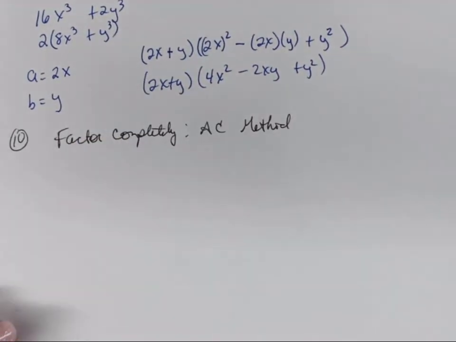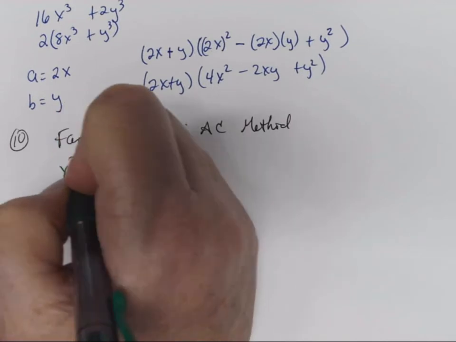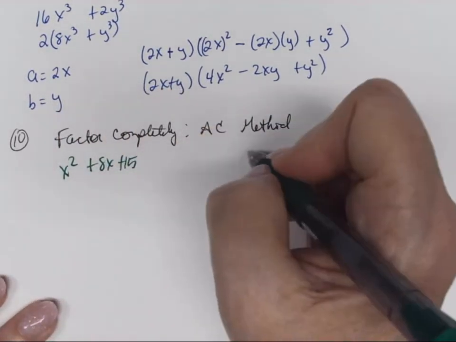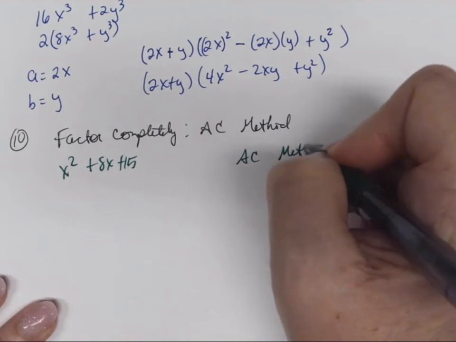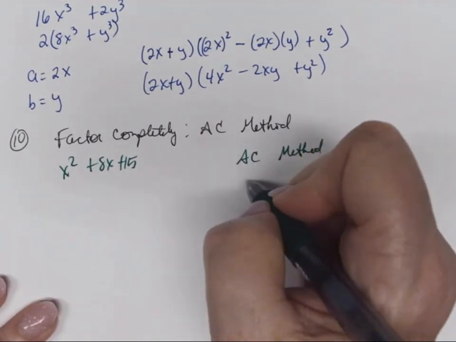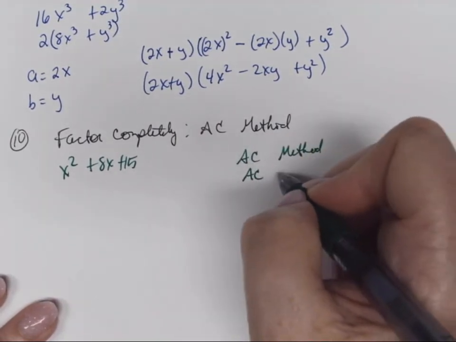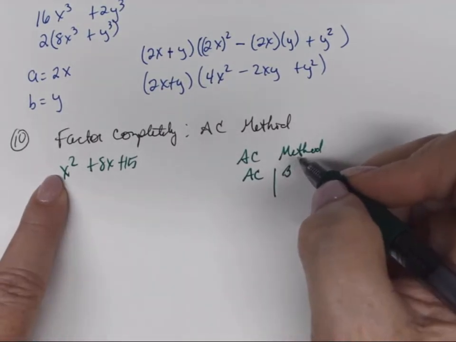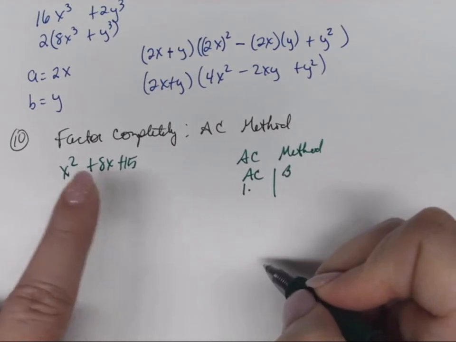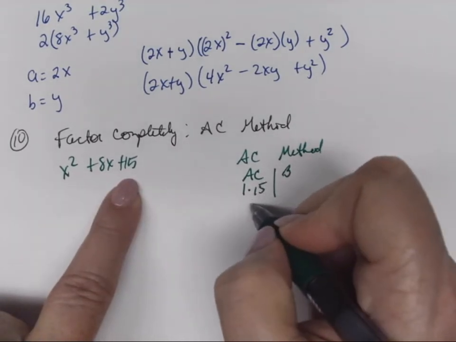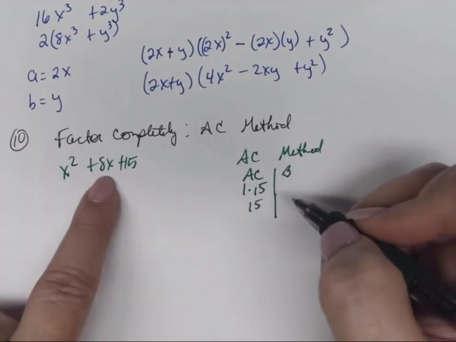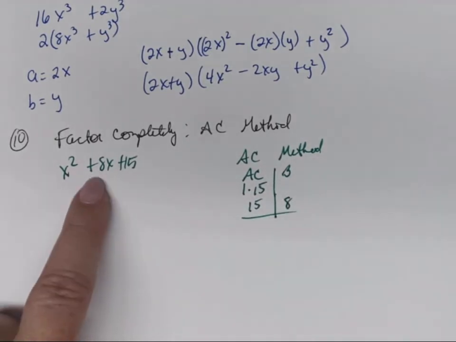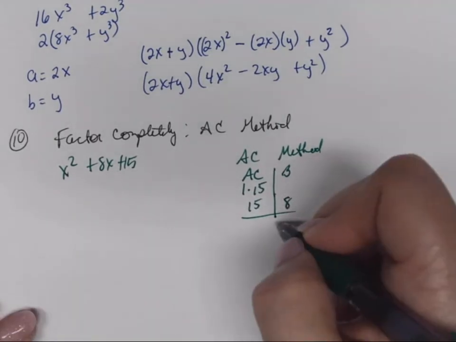If we have x squared plus 8x plus 15, doing the AC method, we take a times c trying to get to b. So my a is 1 times my c, which is 15. 1 times 15 will get me 15, and my b is 8. That comes from the fact that it's ax squared plus bx plus c.